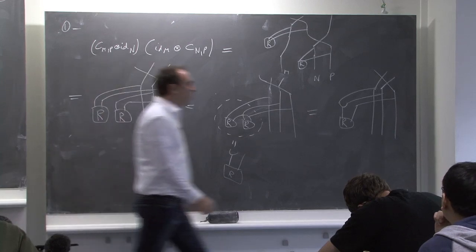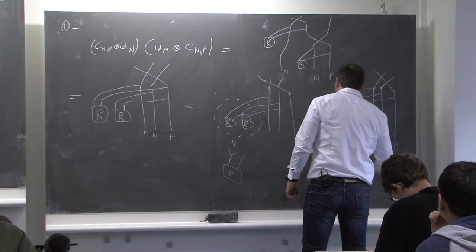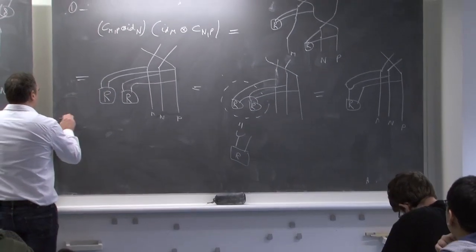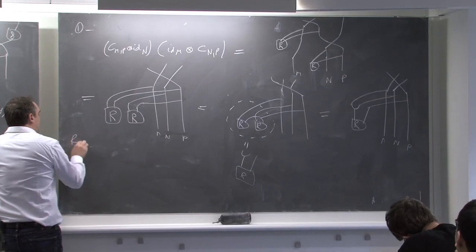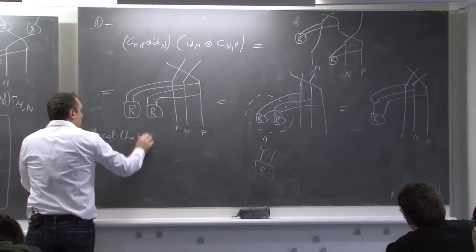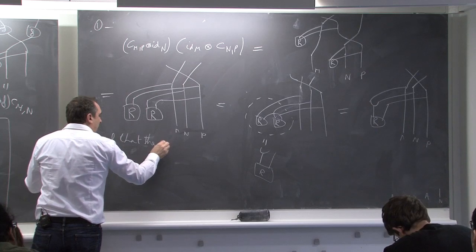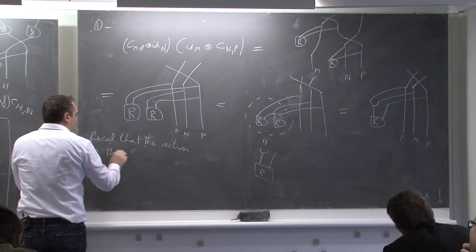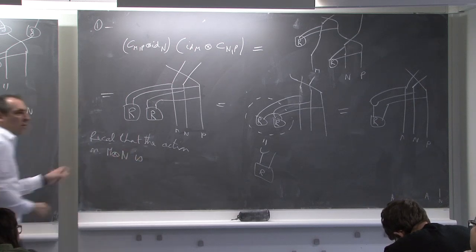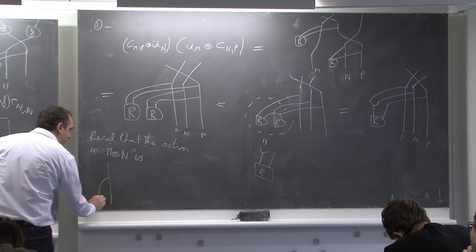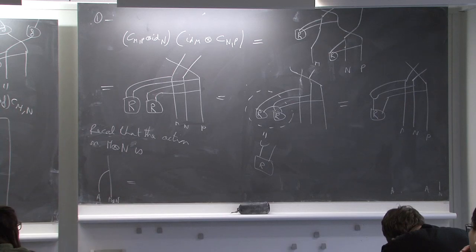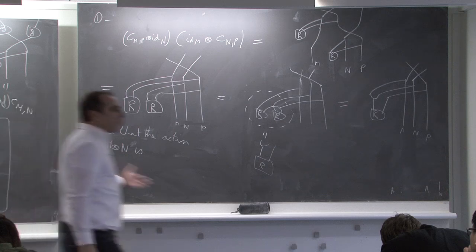Okay, so now I recall how the action on M tensor N is defined. In graphical terms, we have this action of A on M tensor N. How do we define the action on a tensor product of two A modules?